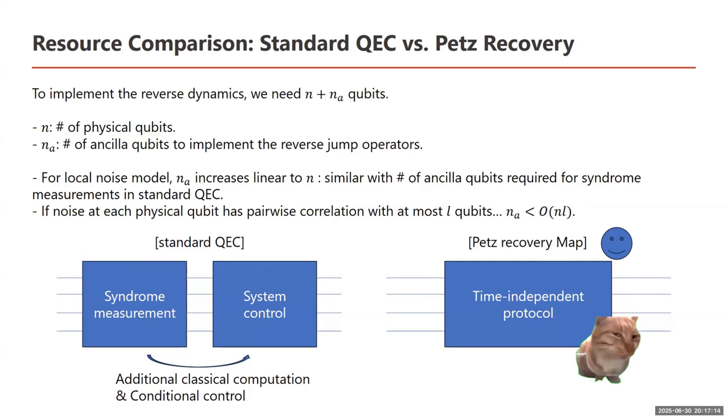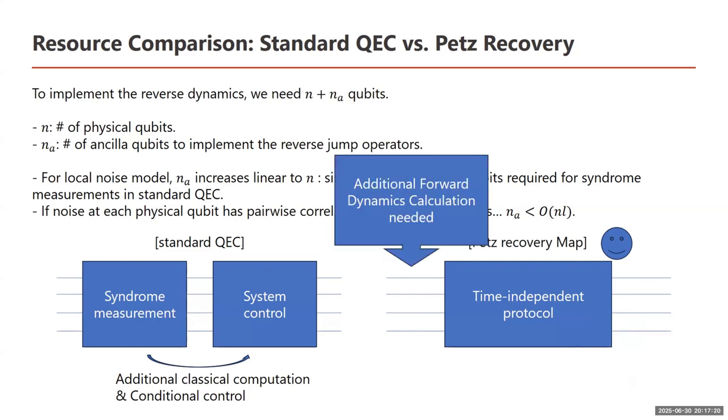But one might wonder, is this method always better than standard QEC? There is a trade-off. As briefly mentioned earlier, the path recovery map requires knowledge of the forward state at each time step.